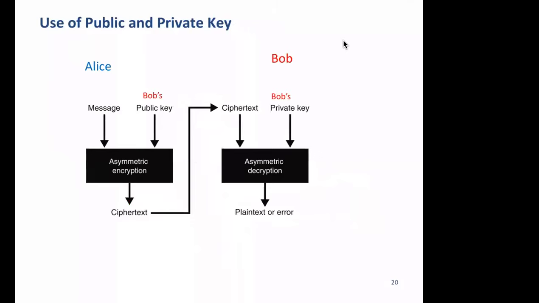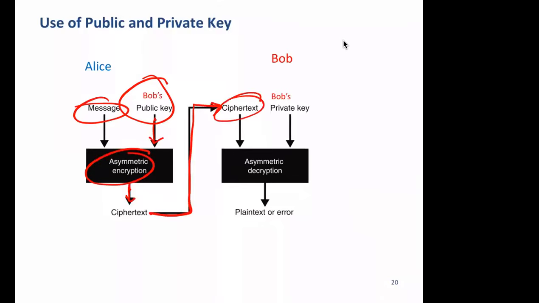So Alice wants to send a message to Bob. She has to use Bob's public key and her message, whatever she wants to send, using the encryption method with Bob's public key, and then send it to Bob.